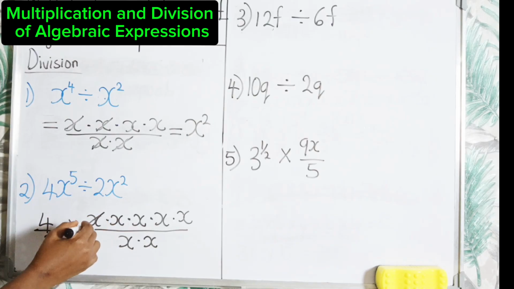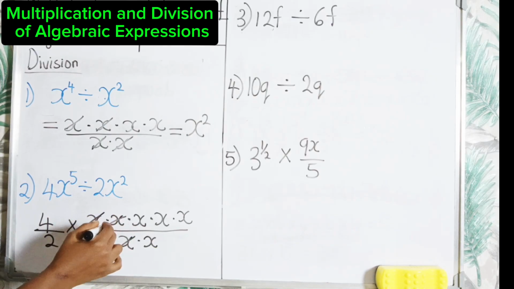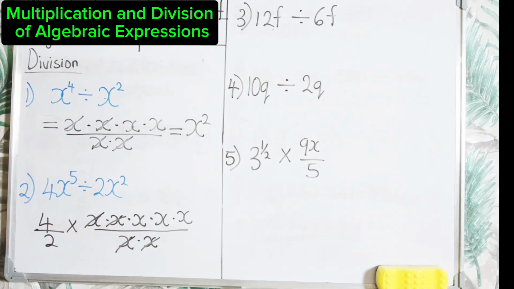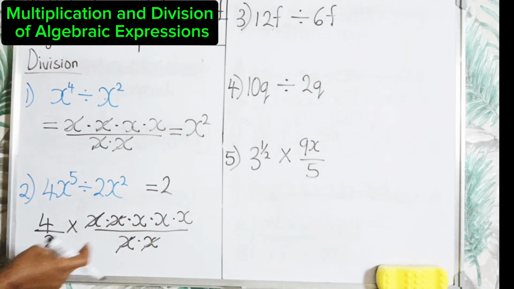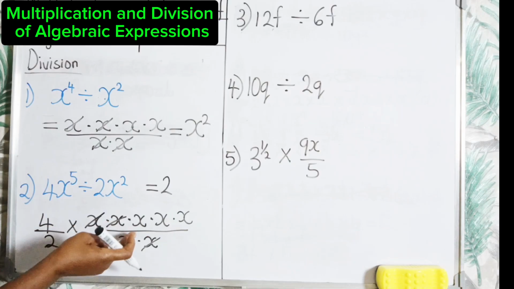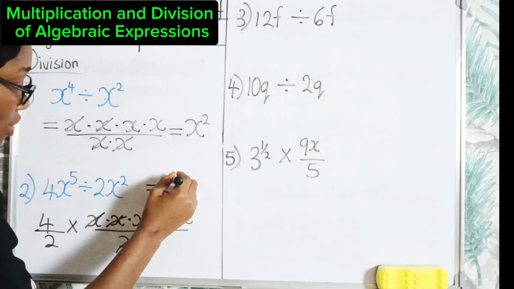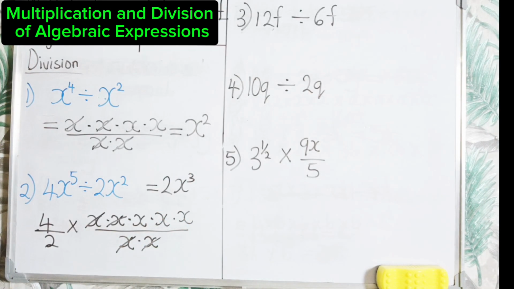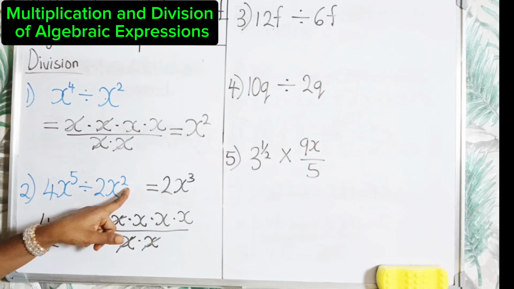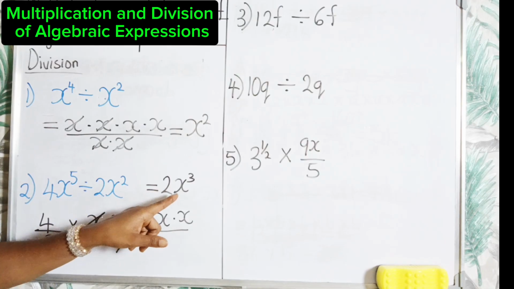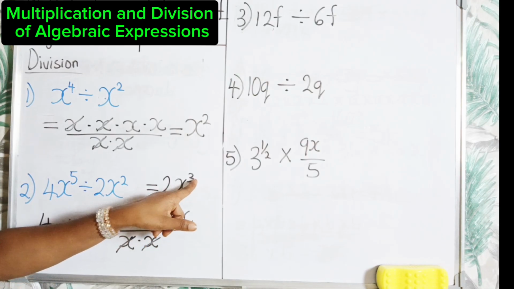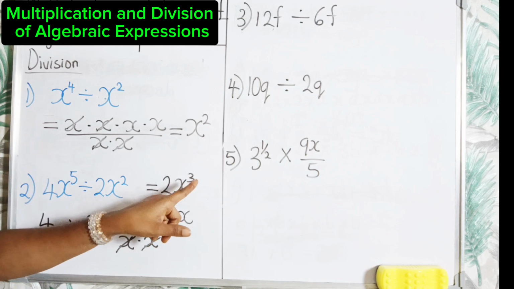So this will cancel this. 4 divided by 2 is 2. And then after cancelling out, we have x times x times x, which is x raised to power 3. So 4x raised to power 5 divided by 2x raised to power 2 is equal to 2x raised to power 3.